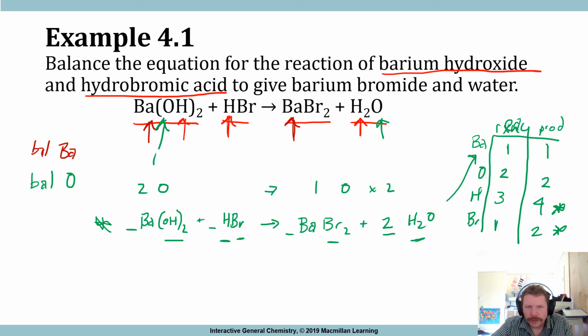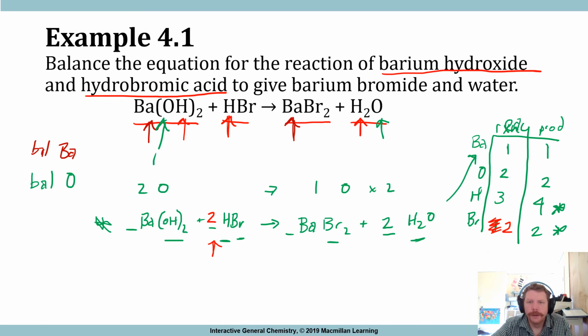So I'm going to put a 2 coefficient in front of HBr. Whenever I put that 2 coefficient in front of there, what does that do? Now all of a sudden, I've got 2 bromine. Did it change the number of barium? It didn't. Did it change the number of oxygen? It did not.